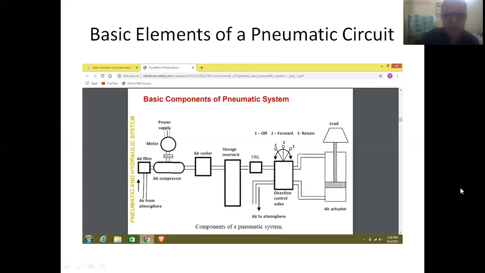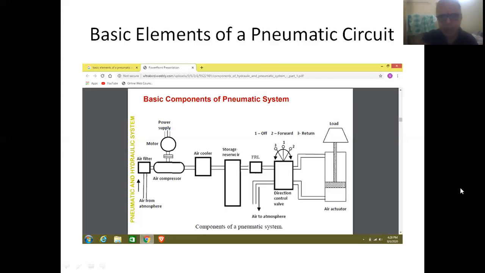Therefore, this valve will be sending fluid to the upper side of the piston, and at the same time it will be receiving fluid from the lower side of the piston. So friends, this is used for moving the piston in downward direction. It's called the forward stroke of the piston.